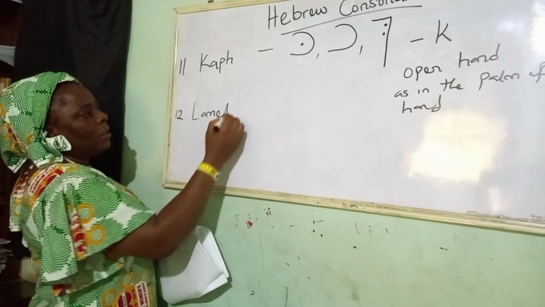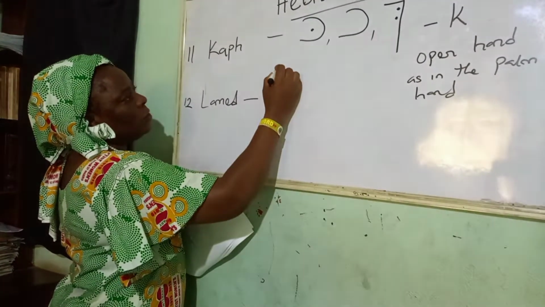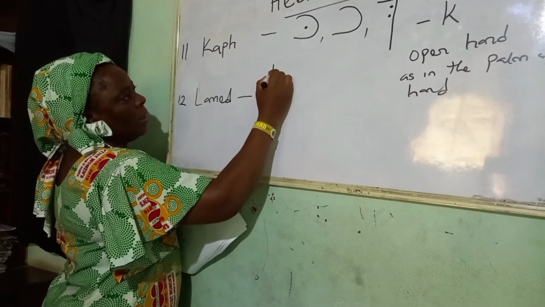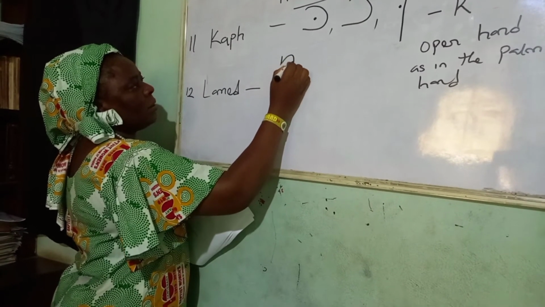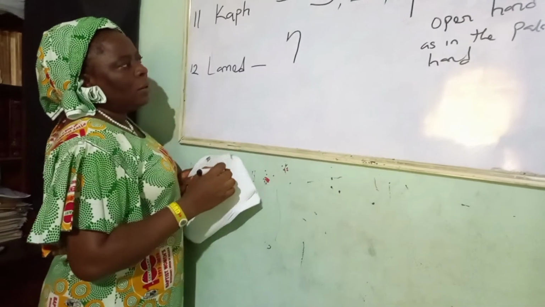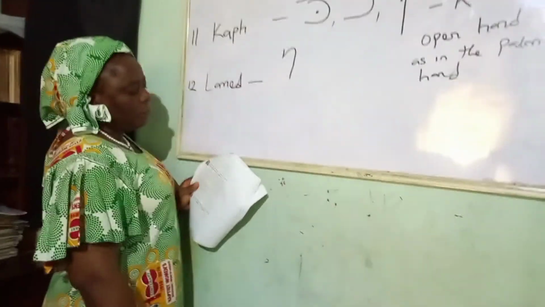Lamed. Lamed is written this way in Hebrew. You have a small vertical stroke like this. That is Lamed.